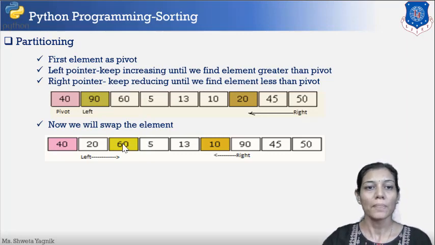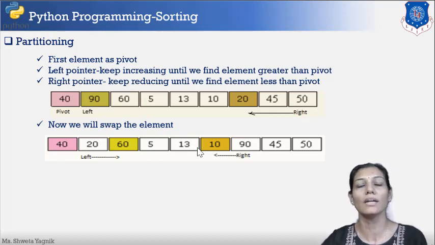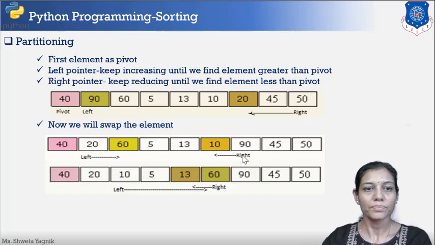We want to position 40 at such a place that the left-hand side is all lesser values and the right-hand side is all greater values. That's why these swappings are necessary. So 60 and 10 will be swapped.